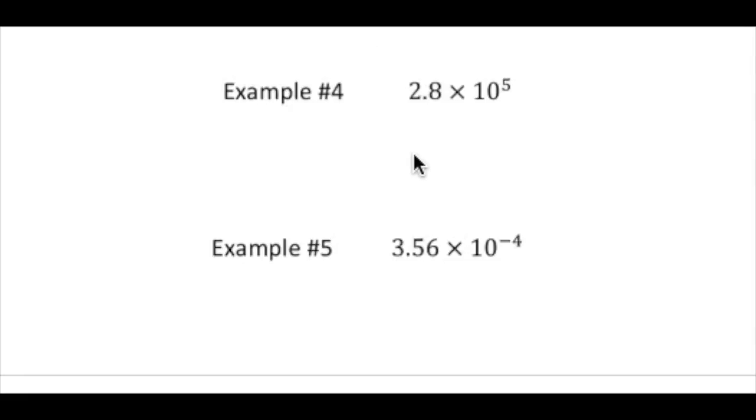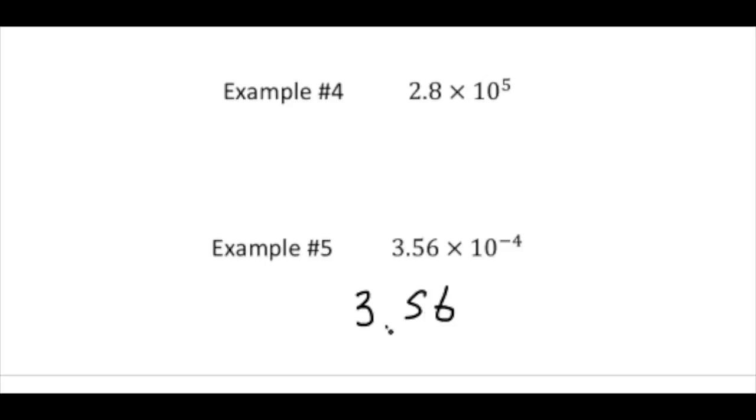All right, last, number 5, we have 3.56 times 10 to the negative fourth power. So this time we're going to take the 3.56 and we're going to divide it by 10 4 times. And remember, every single time you move the decimal 1 spot to the left, you're dividing by 10. All right, so here I'm going to actually rewrite the problem as 3.56.